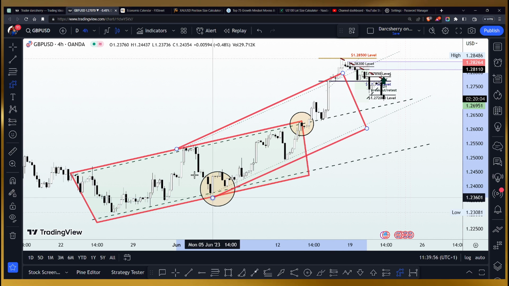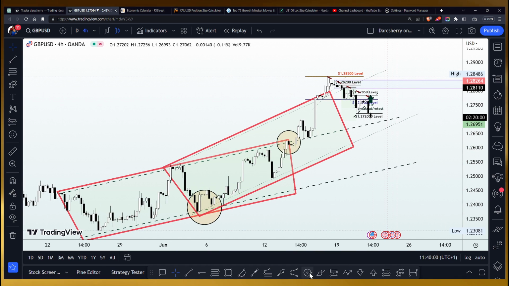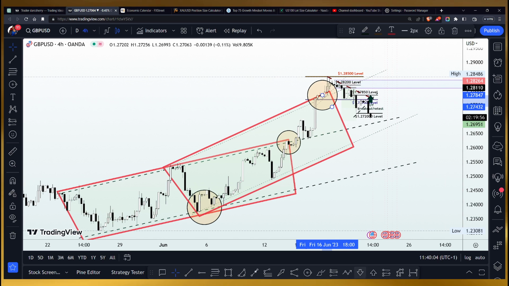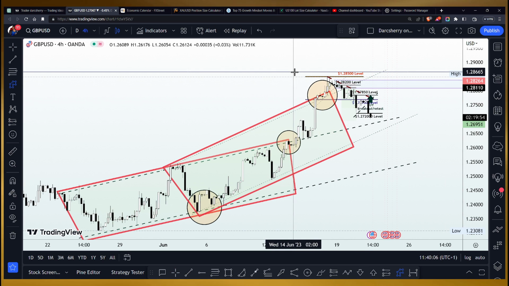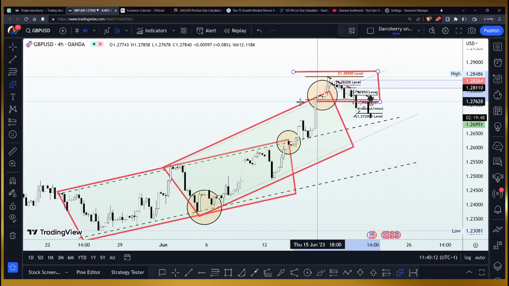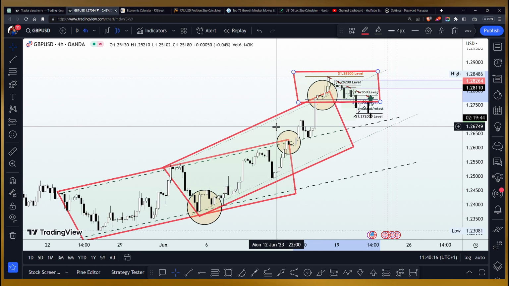Now, during the second half of last week's trading session, we saw the breakout of this new ascending channel around this area, which led into a situation where price action was caught within a range between the 1.28500 level and the 1.2770 to give us a choppy situation to work with.